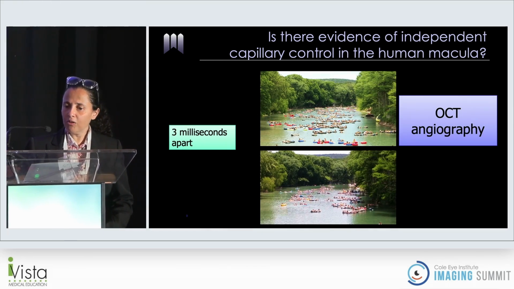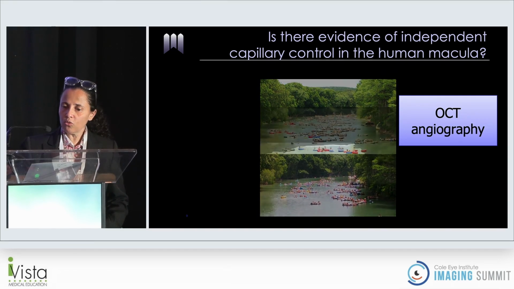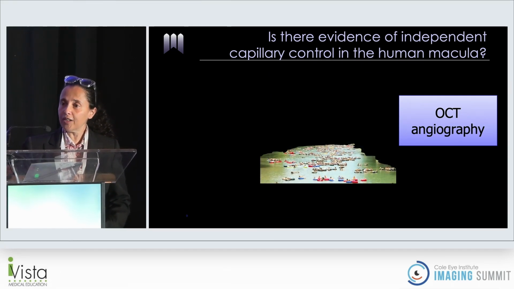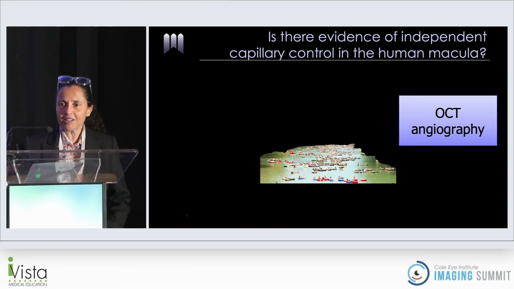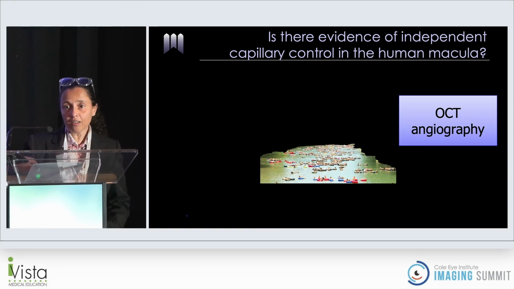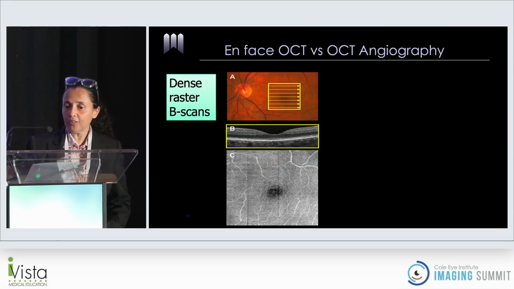So just to think about, in general, how OCT angiography works, you're taking two pictures of a river, assuming that's a blood vessel, and then you subtract everything that's not moving and only show what's moving. Those two pictures are 3 milliseconds apart, so everything that moved in those 3 milliseconds shows up, everything that did not move disappears.